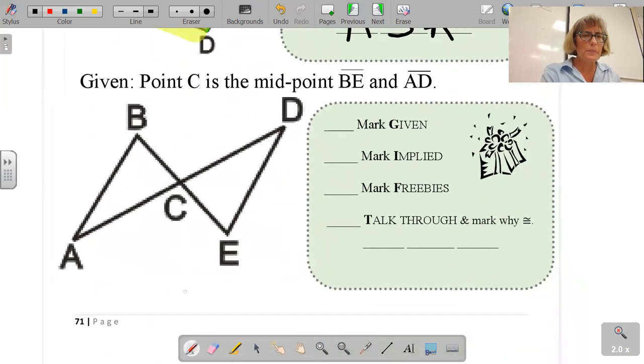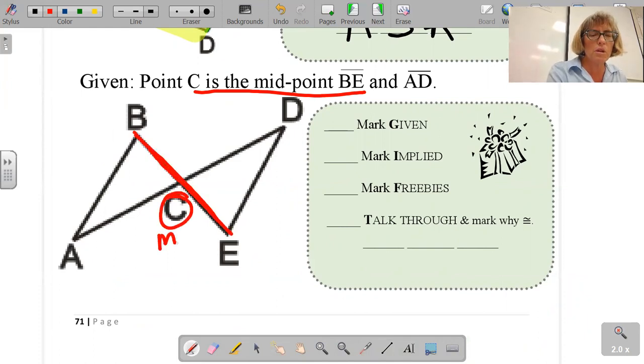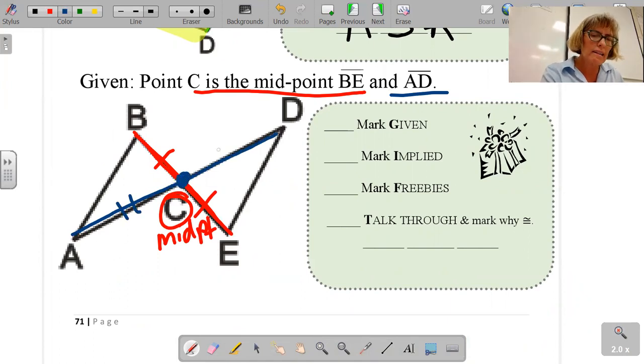Okay, ready? Given. We are given that C is the midpoint of BE, so we trace BE. I'm going to color code this. And C is the midpoint going that way, which means implied. And AD, also the midpoint going this way, midpoint going that way as well.